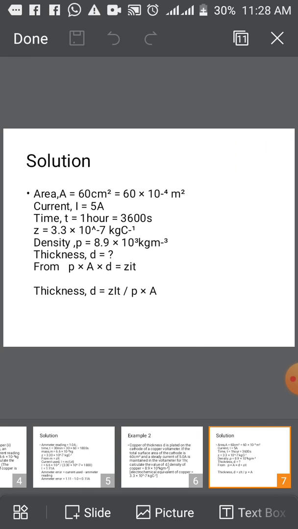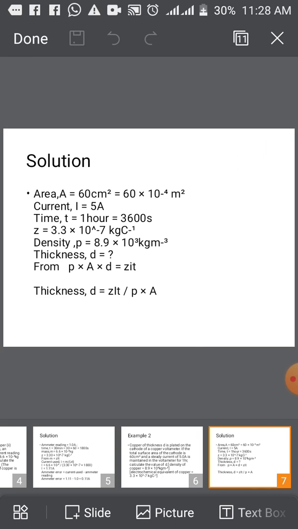Solution. Area A is equal to 60 cm squared. Dividing it by 10,000 to convert it to meter squared, we'll have 60 times 10 raised to the power minus 4 meter squared. Current I is equal to 5 amperes.